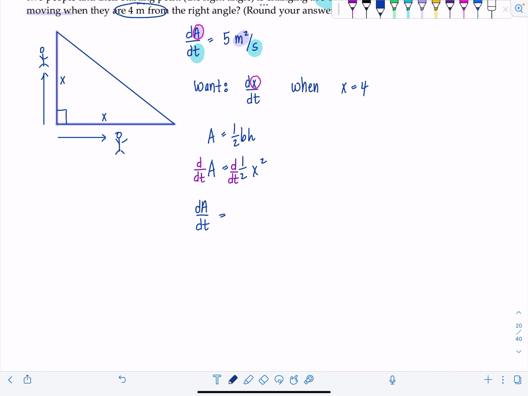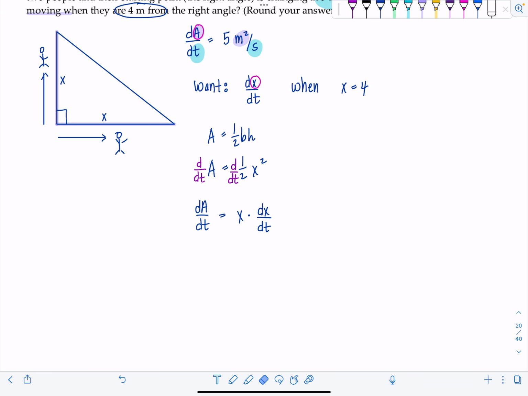Derivative of 1/2 x squared: the 2 and the 1/2 will cancel, so I'm just going to have x times dx/dt. See, if I had plus t cubed and I took the derivative, it would just be plus 3t squared, and then dt you don't see, so we don't write it. But none of these variables are t's, right? None of the variables are the ones with which we're differentiating with respect to, so that's why we have to do implicit rules, right? Okay, enough of that.